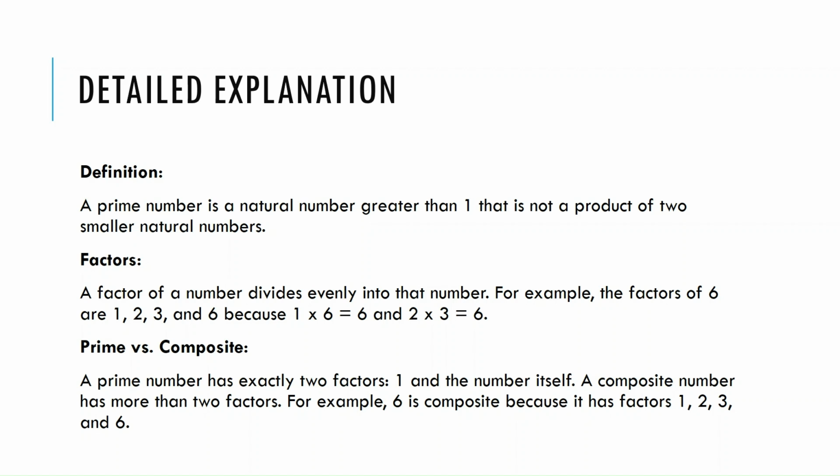A prime number has exactly two factors, 1 and the number itself. Whereas a composite number has more than two factors, like we saw just now, 6. 6 is composite because it has more than two factors: 1 and 2 and 3 and 6. 1 into 6, 2 into 3, 3 into 2 and 6 into 1. So 6 is a composite number.